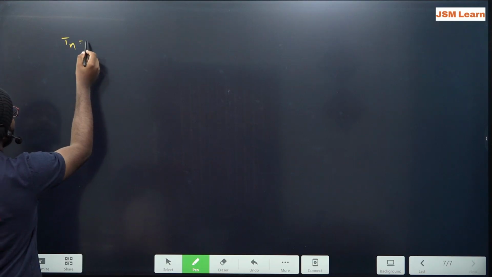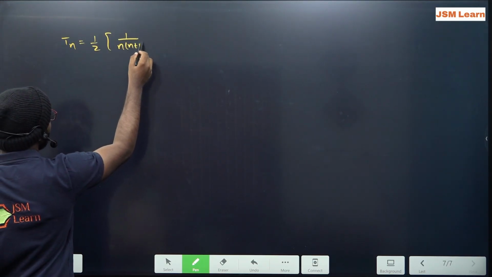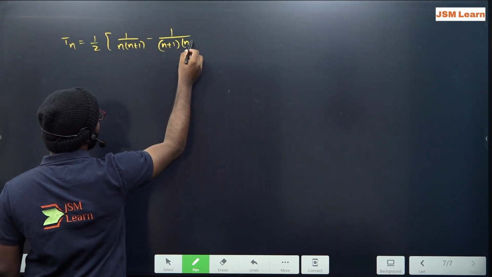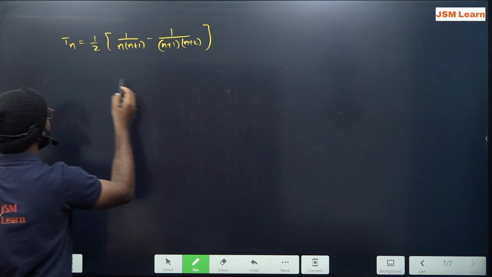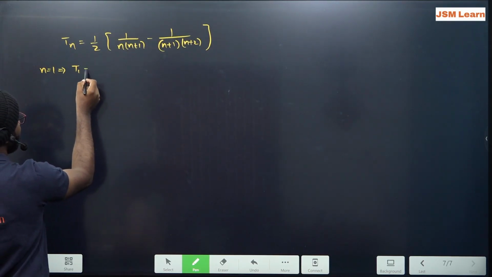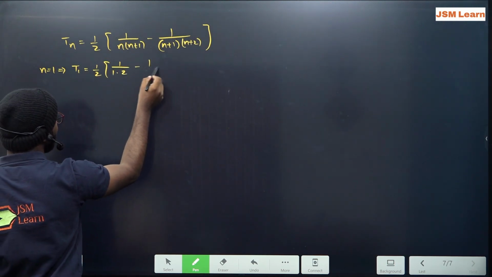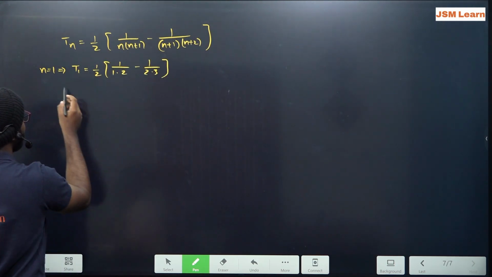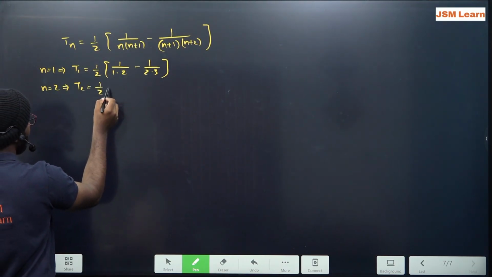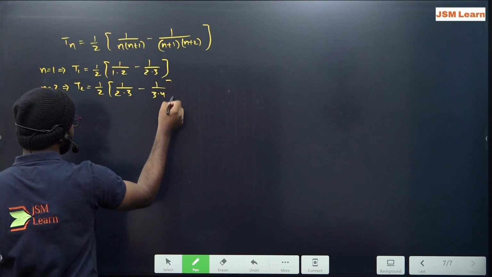So nth term of this sequence is equals to 1 by 2 times 1 by n into n plus 1 minus 1 by n plus 1 into n plus 2. So here we are going to substitute n is equals to 1, right? That is equals to first term 1 by 2 times 1 by 1 into 2 minus 1 by 2 into 3. Next n is equals to 2, we will get the second term, that is equals to 1 by 2 times 1 by 2 into 3 minus 1 by 3 into 4.